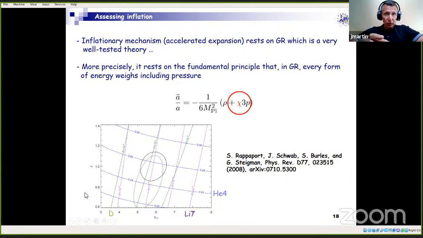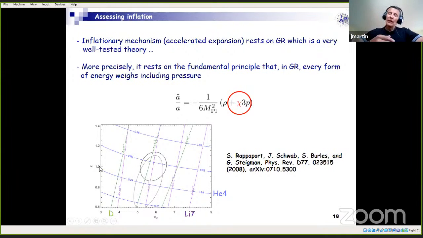And you see a plot of chi versus eta. The colored lines are the contour levels for different elements: helium-4, lithium-7, deuterium. And the constraints that they obtain are represented by this circle. And you see that this is incompatible with chi equals 0 and compatible with chi equals 1.